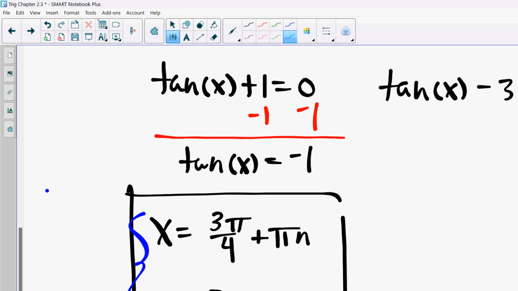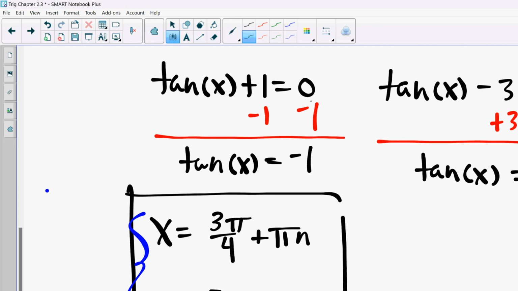All right, let's look at the other one. Well, the first thing we can do is add 3 to both sides, which tells us tangent of x is equal to 3. Is that on the unit circle? No. 3 is not on the unit circle, but can tangent have a value of 3?